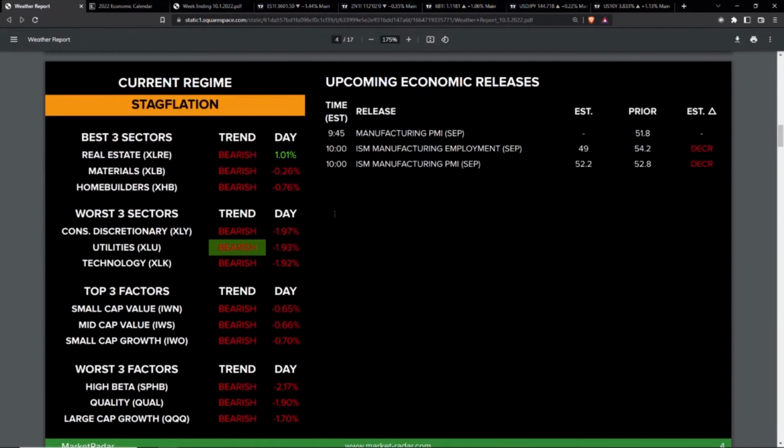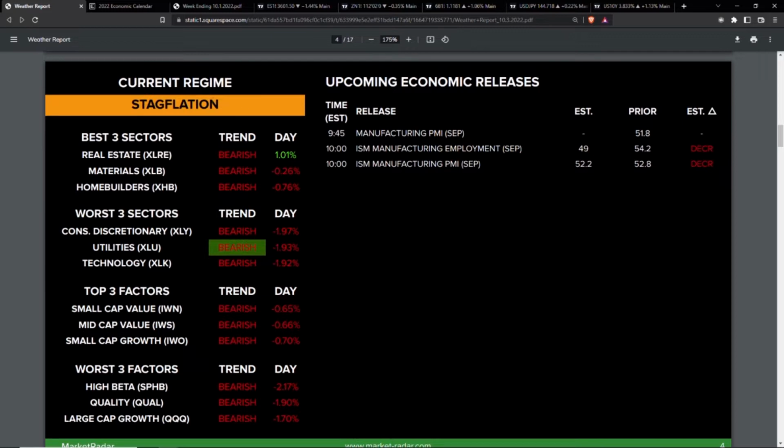Now, slide 4 is going to indicate what the regime is and any upcoming economic releases for the day. This report is generated for Monday, so these are all the important releases for Monday. And these were the best 3 sectors, worst 3 sectors, top 3 factors, and worst 3 factors of the previous trading day.